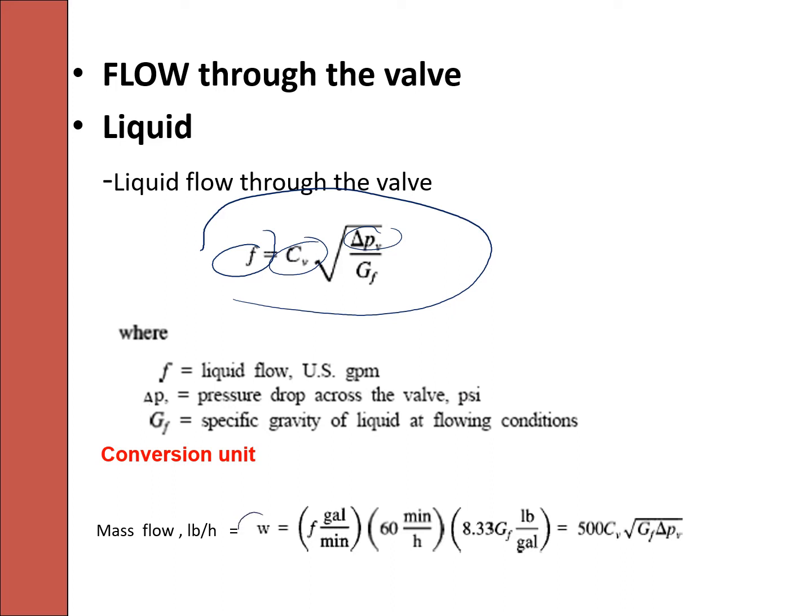This W we can calculate using this formula. The unit is pound per hour. To simplify from this one, we get this formula. So if you have the information of delta PV and also specific gravity and CV, you can calculate the mass flow rate.